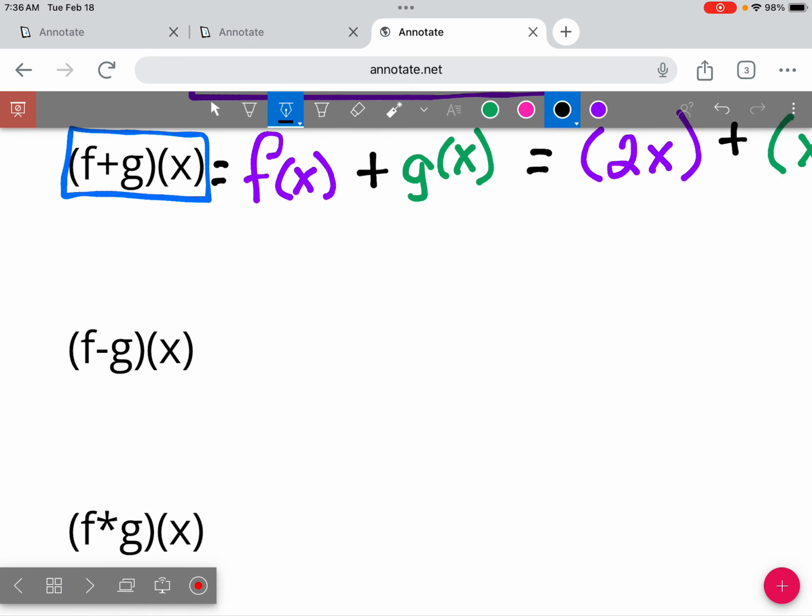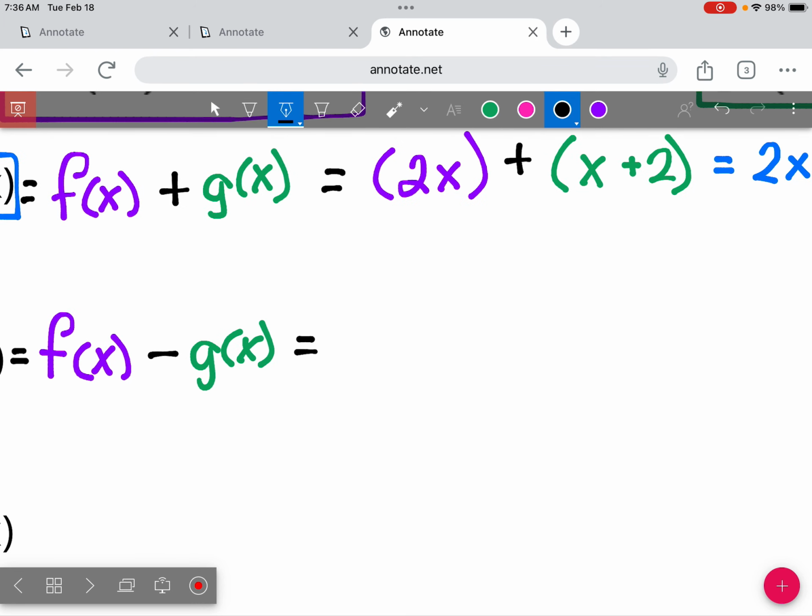When we look at our f minus g of x on the next one, it's doing the very same thing. I'm going to take my f of x, and we're going to subtract our g of x. This is the first place where we see that these parentheses are actually very important, because we substitute in our 2x, and then we need to subtract everything in our g of x, that x plus 2.